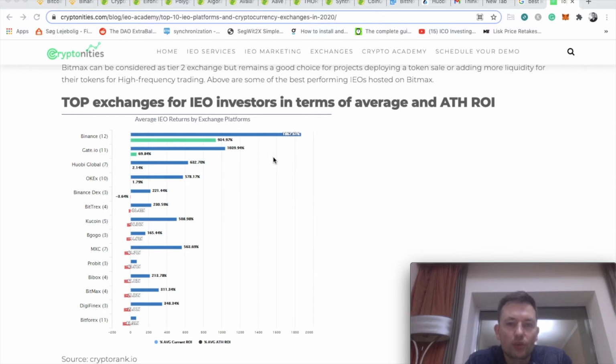These numbers are quite old because this chart is 1 year old, so these numbers are significantly higher at this moment because we are in the bull market.